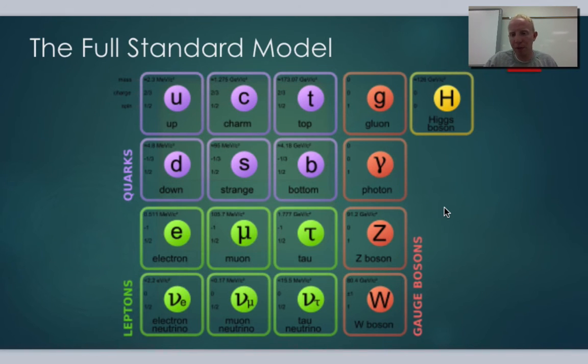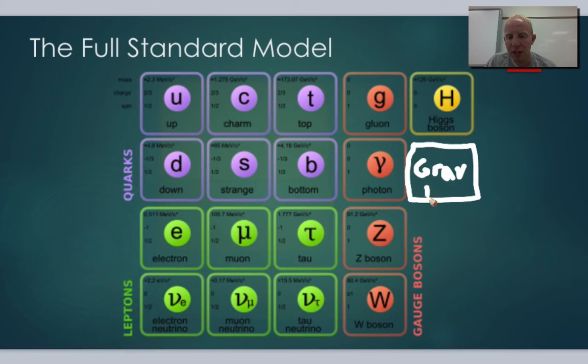Most scientists believe that someday we'll find another particle on this chart that they're going to call the graviton. I don't know how they'll abbreviate it, but basically it will regulate the gravitational force.